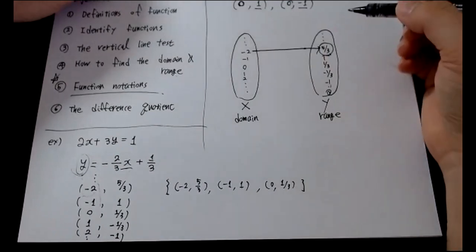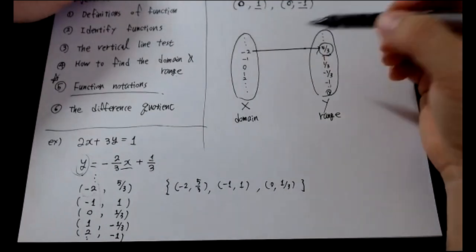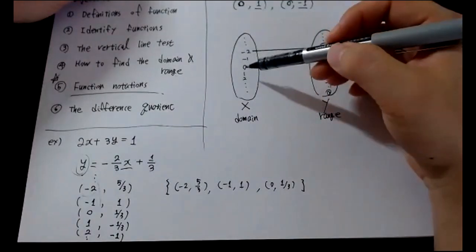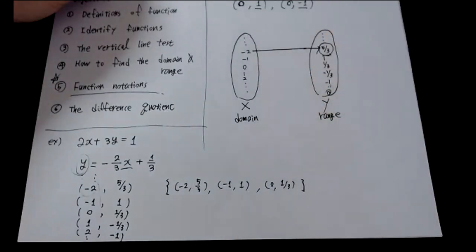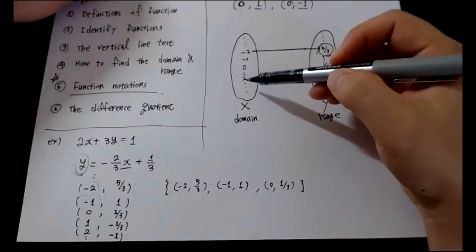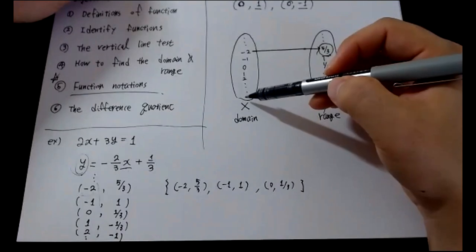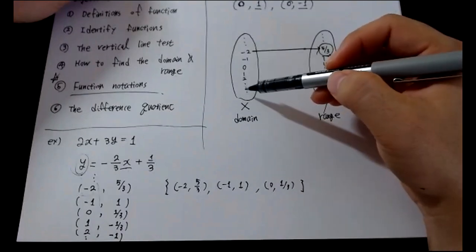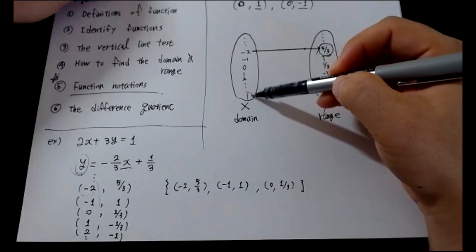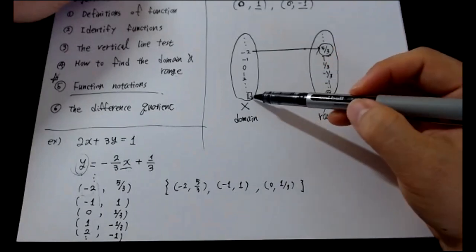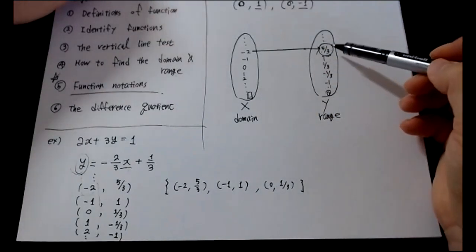But one thing that is possible is this: what if another x value just corresponds to 5/3? That should be okay.